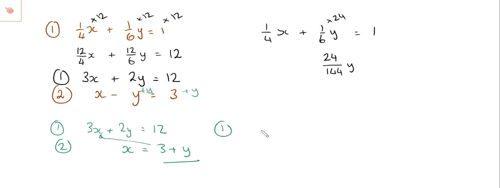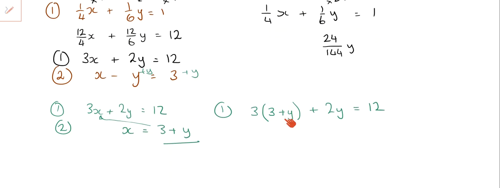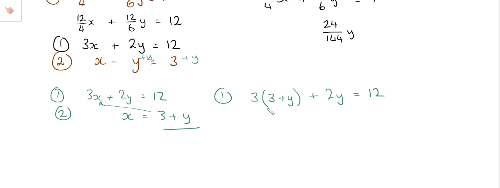So my number 1 now becomes 3 times (3 plus y) plus 2y equals 12. Expand the brackets. 9 plus 3y plus 2y equals 12. Simplify. 9 plus 5y equals 12.